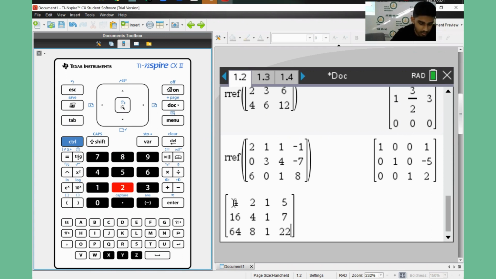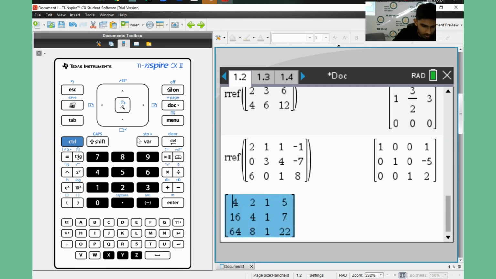So as you can see, these are our actual equations after you sub in each coordinate. So this is 4a plus 2b plus c equals 5. 16a plus 4b plus c equals 7. 64a plus 8b plus c equals 22.